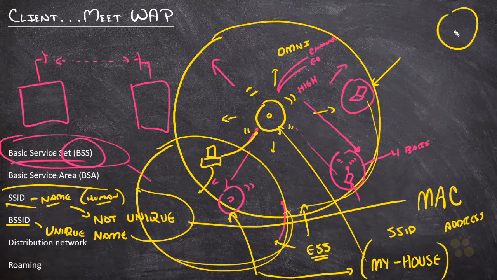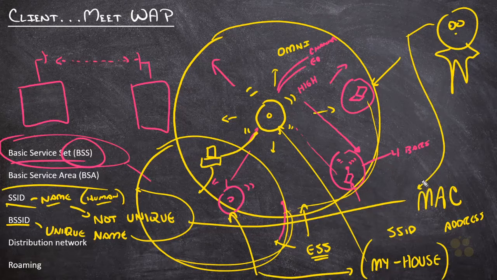Now, you and I, us human beings, we don't see the basic service set identifier. We just see the SSID. We see the name. My House is the name of that. I join that, but behind the scenes, the laptops do see it. I'm showing you that there's just My House in your wireless name. But when you click, I want to join My House, behind the scenes, the laptop is like, okay, I've got two My Houses.